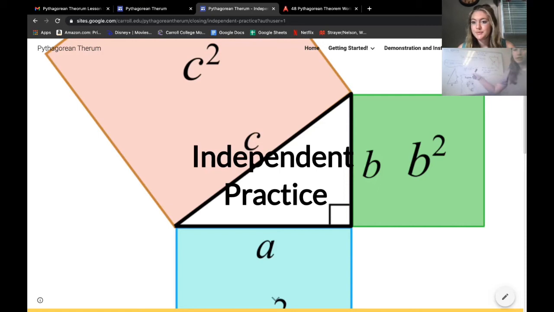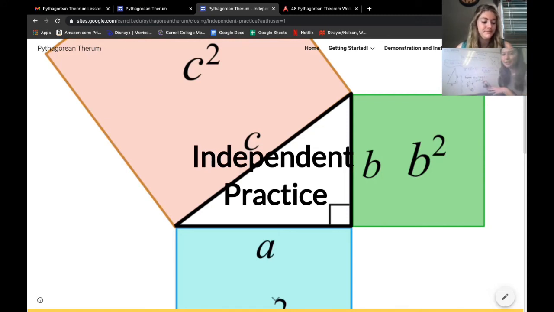So using our theory, what do we put in as our A? Right, 4. Okay, so we have 4, and then what's our B squared? 7 squared, right. So that equals what? Do we know? No, that equals X. Okay, so now we're going to solve our equation because we know how to do algebra, right? Yeah.